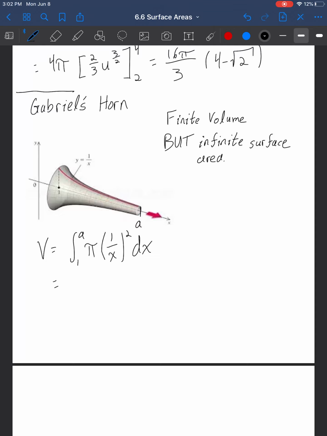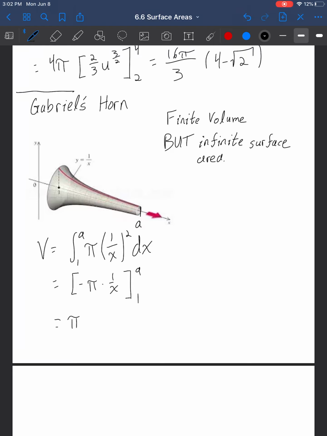So if I do the integral, I have an x to the negative second in there, and I have a pi. So the x to the negative second, I'll add 1 to get x to the negative first, and then I'll get a negative. So this is negative pi times 1 over x evaluated from a to 1.